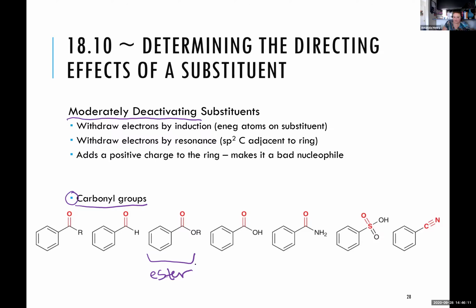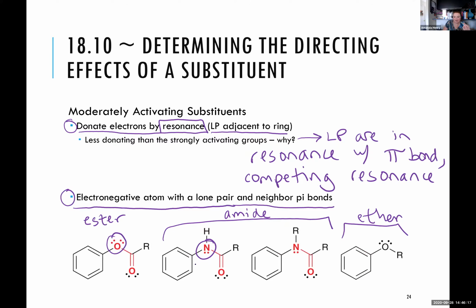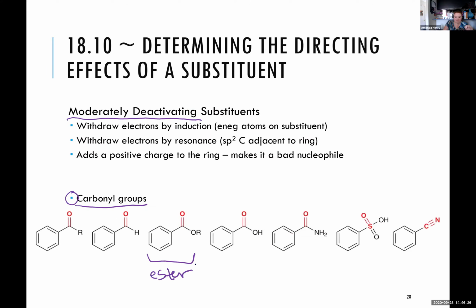So the difference is that with our moderate activators, we had an electronegative atom with a lone pair right next to the ring. And now we have a carbon right next to the ring with a pi bond and those electronegative atoms. So we have to pay attention to what's directly bonded to the ring.